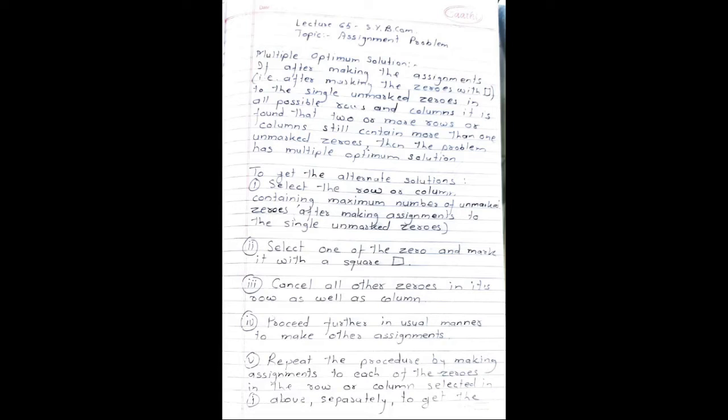Fourth step, proceed further in usual manner to make other assignments. Repeat the procedure by making assignments to each of the zeros in the row or column selected above separately to get the alternate solutions. All these alternate solutions give the same optimum value.